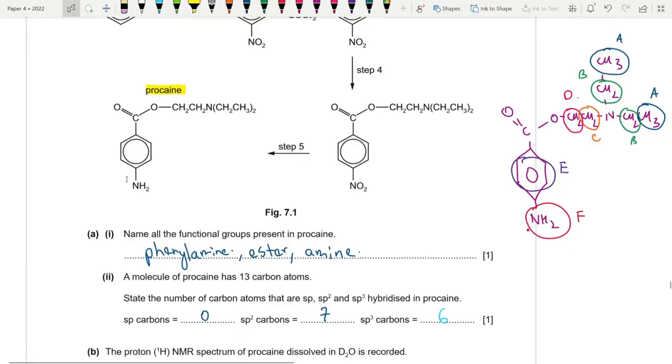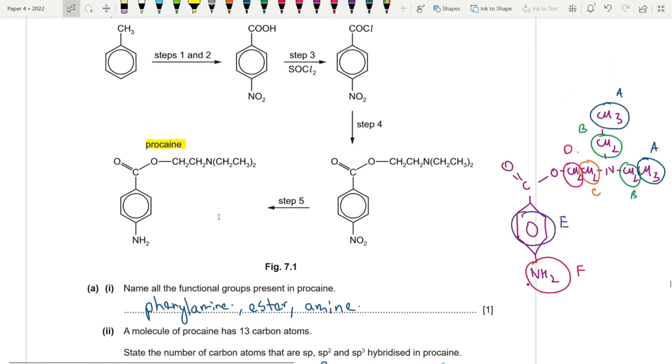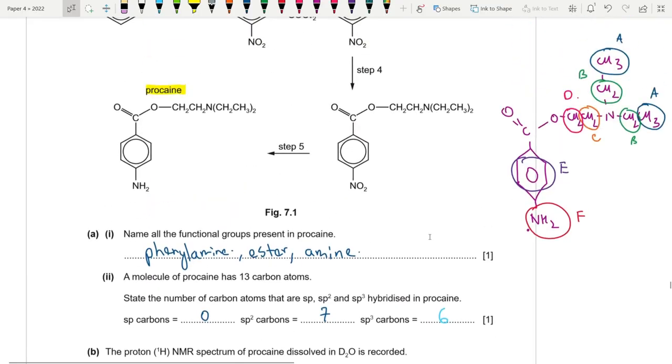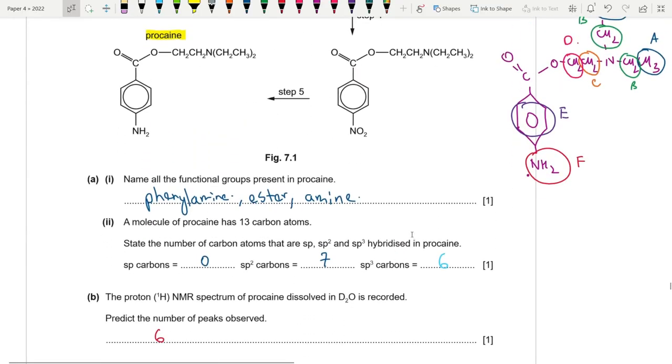So this proton from NH2 isn't being exchanged actually. If it was OH, it would disappear for sure. But is it a phenylamine? Is that why it isn't being replaced? I'm not exactly sure, but if you dissolve it in a solvent, you would get 6 peaks. But with the addition of D2O, it wouldn't really disappear here apparently.